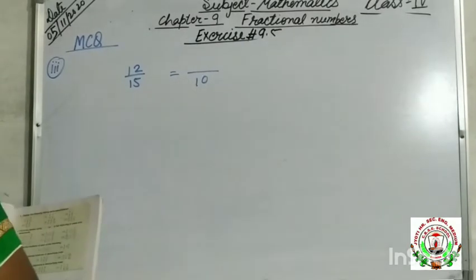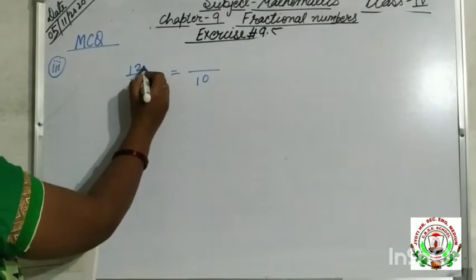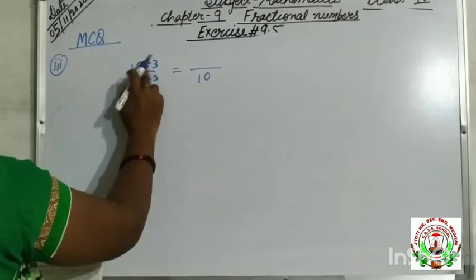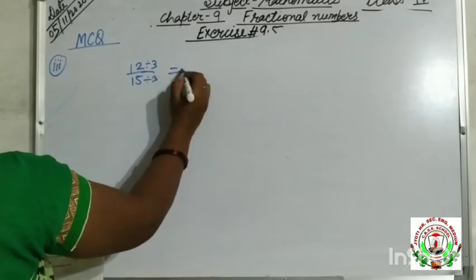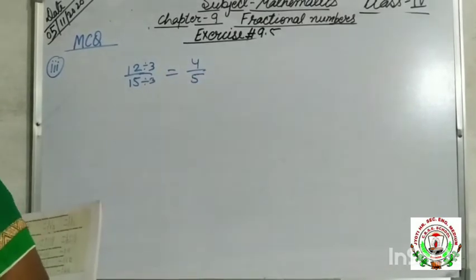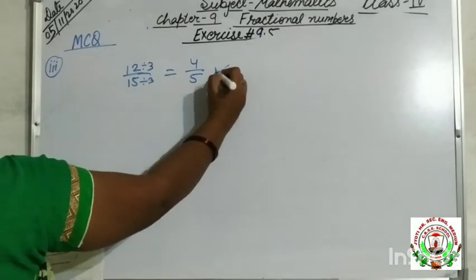So first we will find out the original fraction when we divide it by 3. So what will we get? 3 fours are 12 and 3 fives are 15. We will get 4 by 5. This is the original fraction.